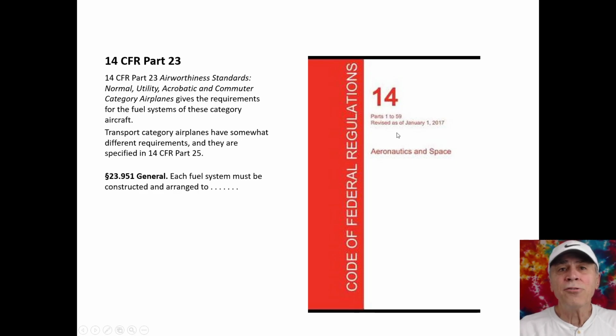That's why the regulations tie in with the same section of the U.S. statute. In this case it's 14 CFR, parts 1 through 59. Right now, we're looking at part 23, and that's fuel system requirements.